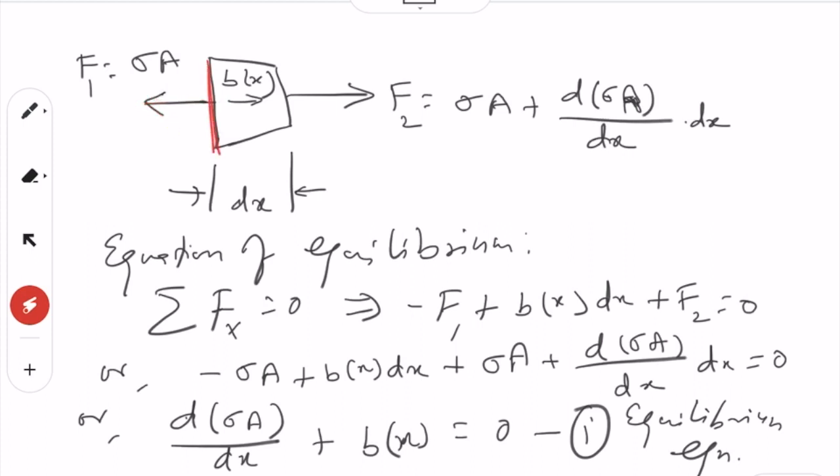So, that really means whatever value you are getting, F equal to B naught times L, a positive value will tell you that at the left end the direction is in the negative x direction.